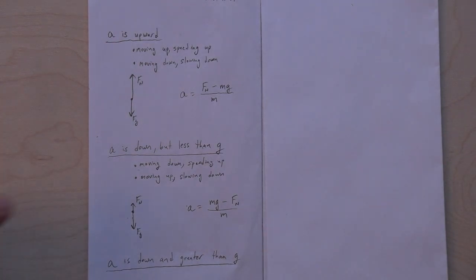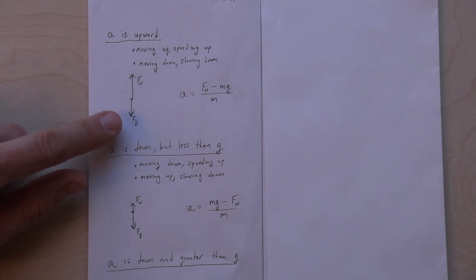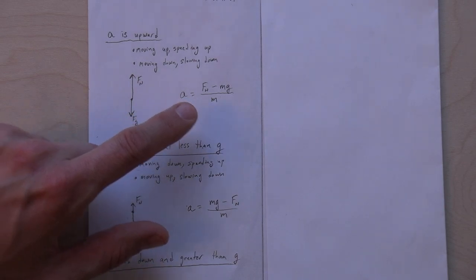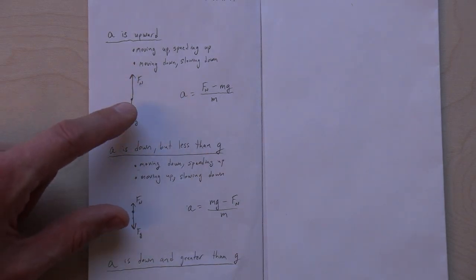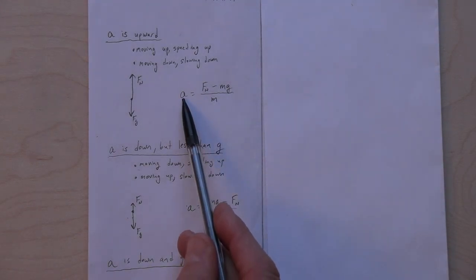The way to set up a equals F net over m, always in an elevator problem, is to do the bigger force minus the smaller force. Otherwise, if you start thinking about down always being negative, you're going to get messed up eventually. So a is the forward force minus the backwards force, the gravity, mg, all over the mass. What's unknown here? Maybe the acceleration.